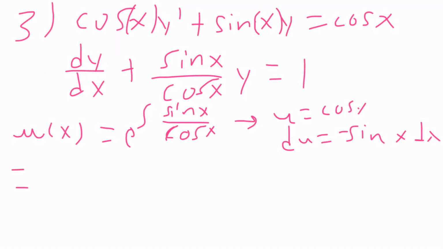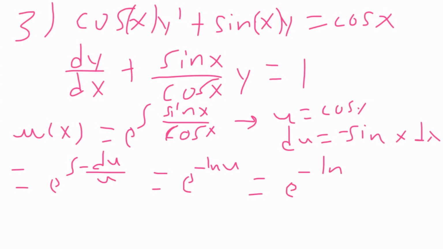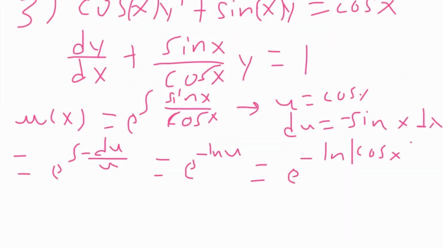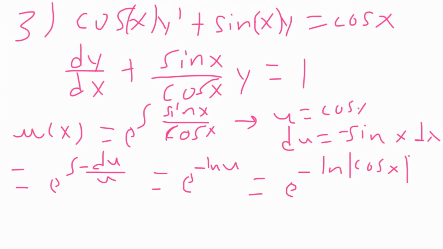So we have e to the integral of minus du over u, and this is e to the minus ln u, which is equal to e to the minus ln cosine x, because that's what we replaced u with. And now we're going to cancel out the e and the ln, so we're just left with cosine x to negative 1, and that's our mu of x.